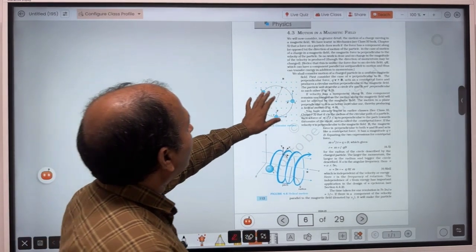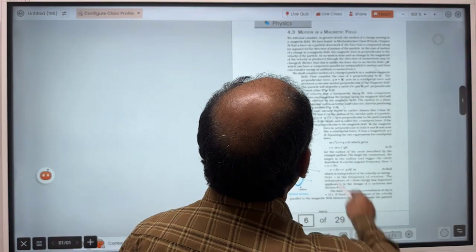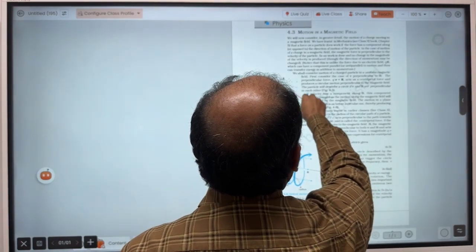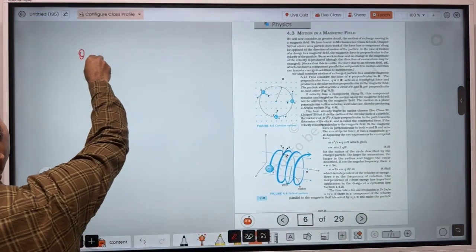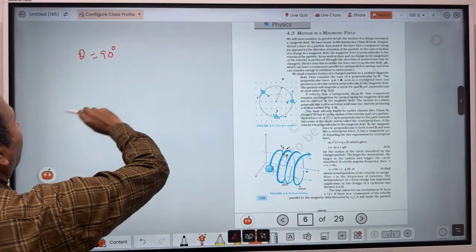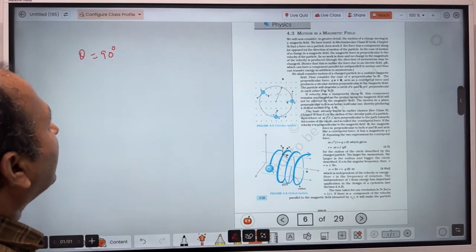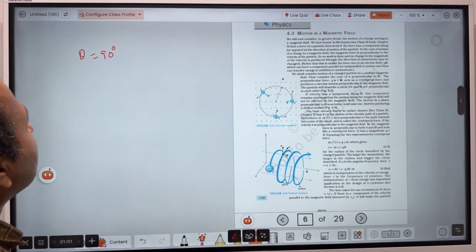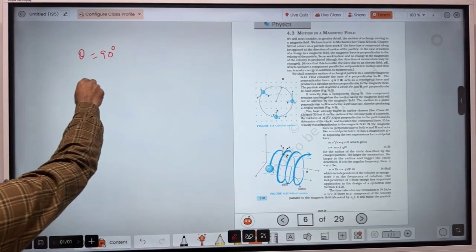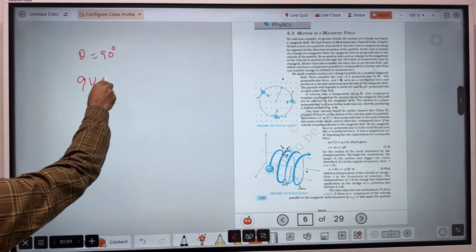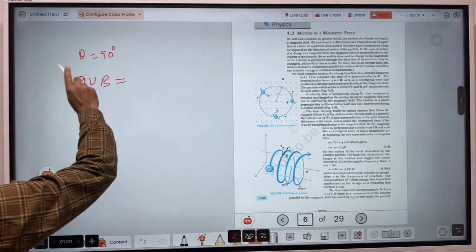Here the magnetic field is perpendicular, downward, and the particle enters like this. So theta will be 90 degrees. The particle will follow a circular path, and if it is following a circular path, it means there is centripetal force. So this force qvB, as we have seen, is qvB sin theta, and theta is 90, so that is one.